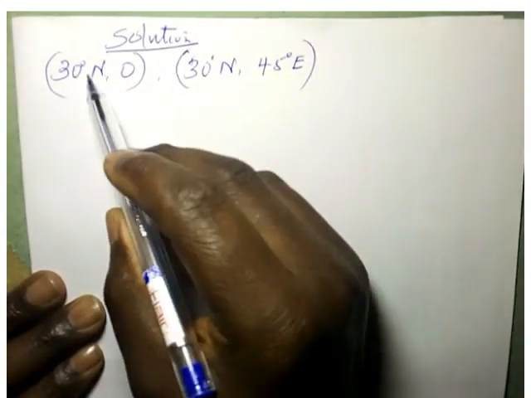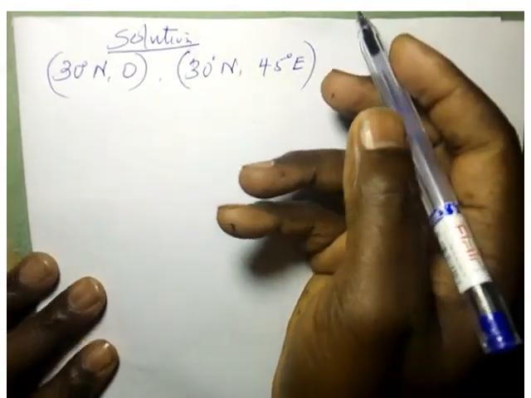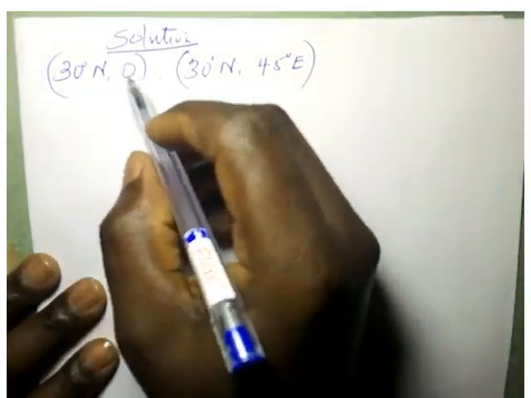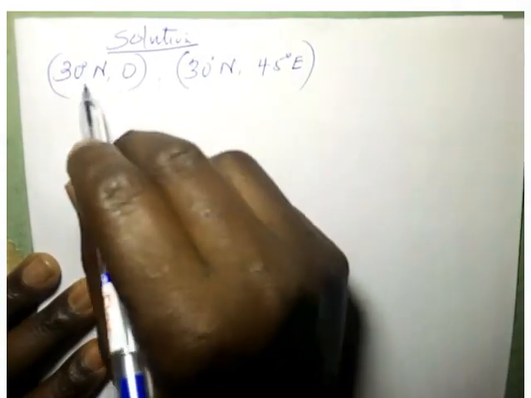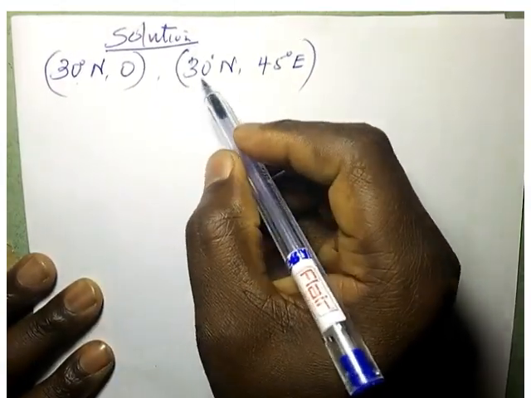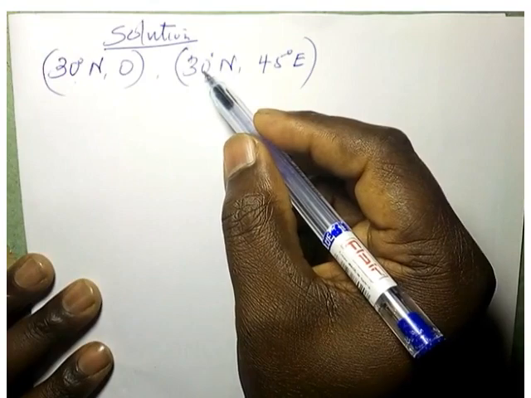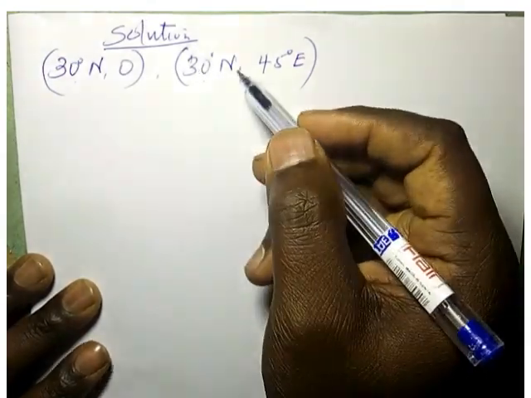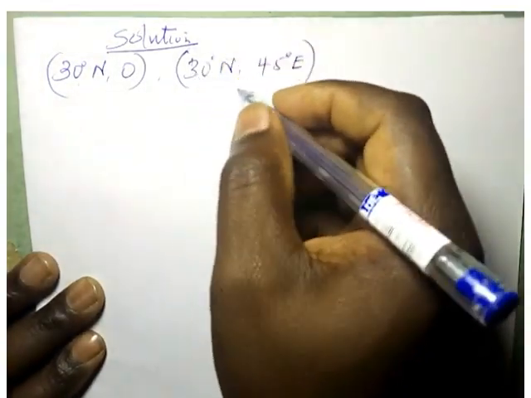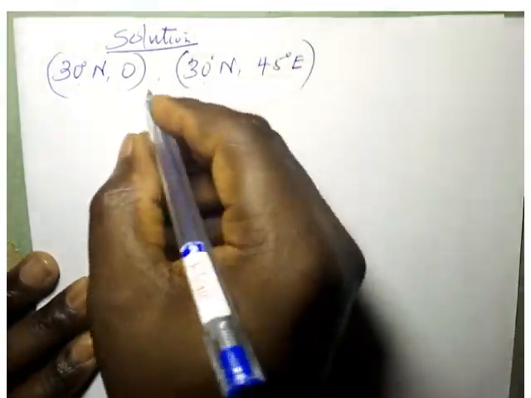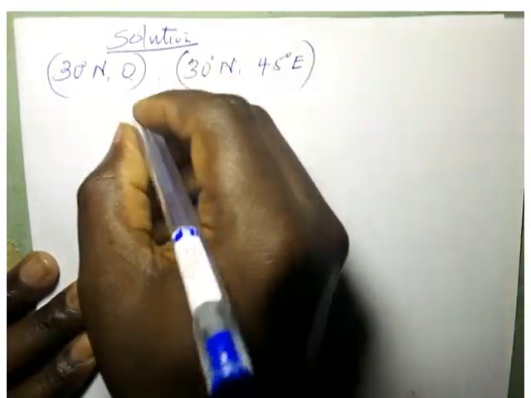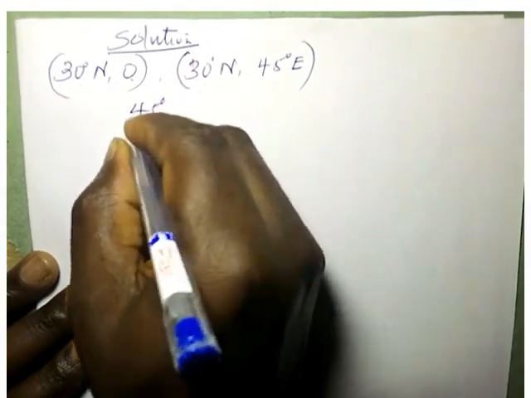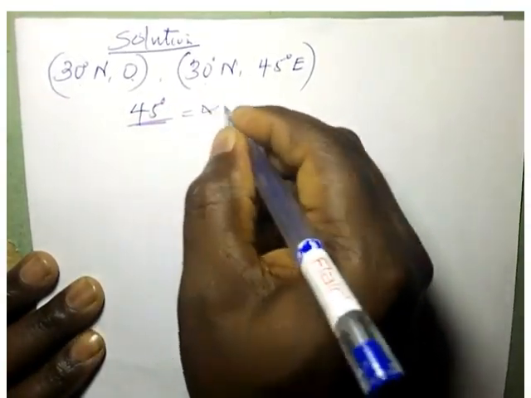First we want to know, is this a small circle or a great circle? This one is a small circle because the latitude is 30. We said all latitudes are small circles except the equator, which is 0 degrees. So let us get the angle difference. It will be 45 minus 0, that is 45 degrees. That is the angle difference, alpha.